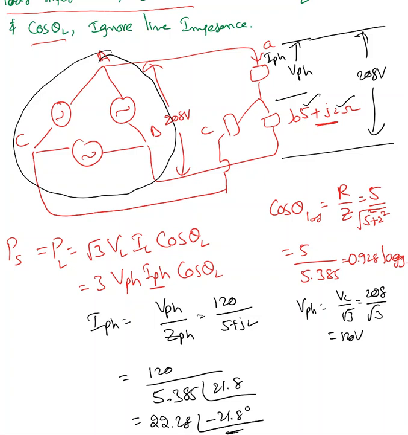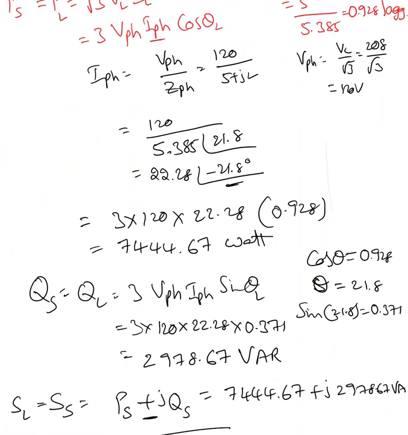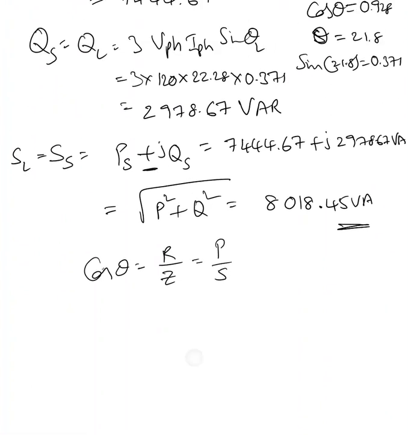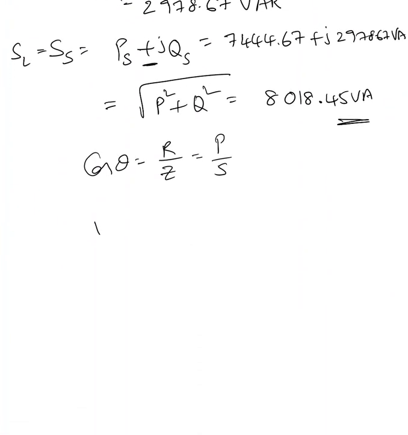Yes, we can convert the delta into Y, but make sure that the phase voltage appearing across the load is the same for the Y load or Y source. Basically when I convert that, the given voltage is 208 volt. That is the line-to-line value.